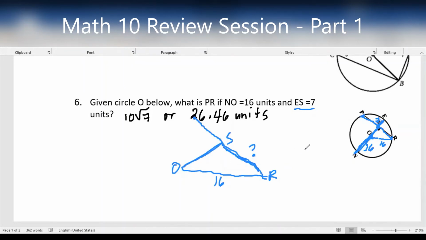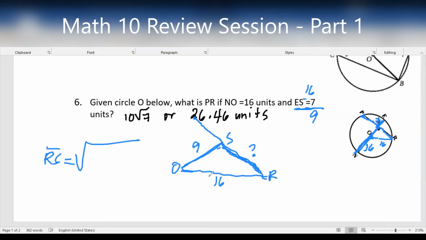Since radius is 16, and given that ES, itong maliit na to, is 7, kaya 16 minus 7 is 9, di ba? Therefore, the height of the triangle is 9. Hypotenuse yan. That's why using Pythagorean theorem, we have to look for this side, which is RS.